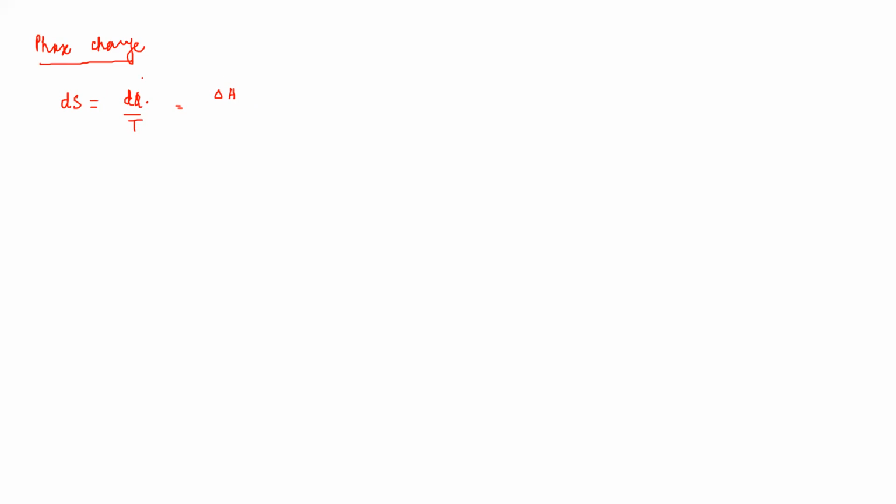So let's say fusion is taking place: delta S is enthalpy of fusion upon the freezing point. Similarly, if vaporization is taking place, delta S for vaporization is going to be enthalpy of vaporization upon boiling point.